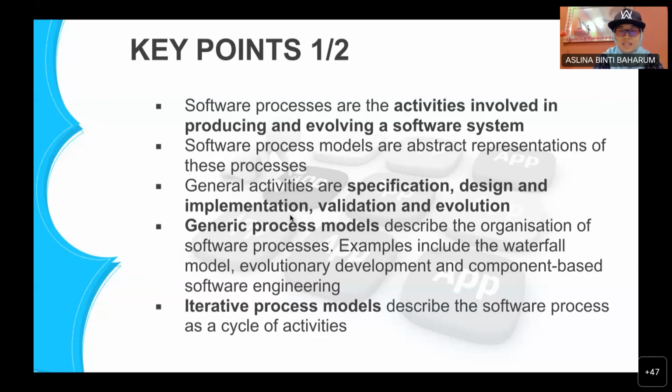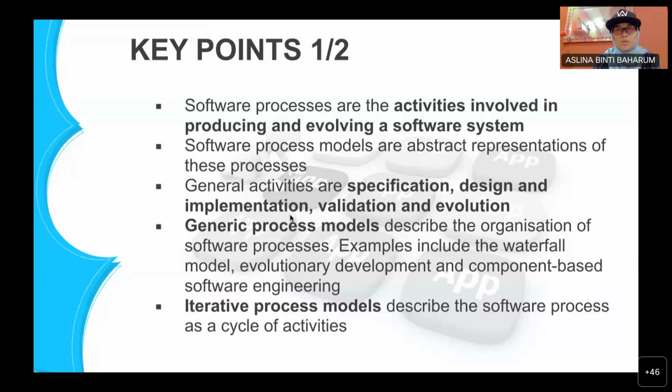General activities, like I mentioned just now, normally we have the analysis and specification, then the design and implementation, and validation and evolution. But of course, for your final year project, you don't have to go until the maintenance or evolution. Normally you apply the waterfall, but you avoid the last part, the maintenance.